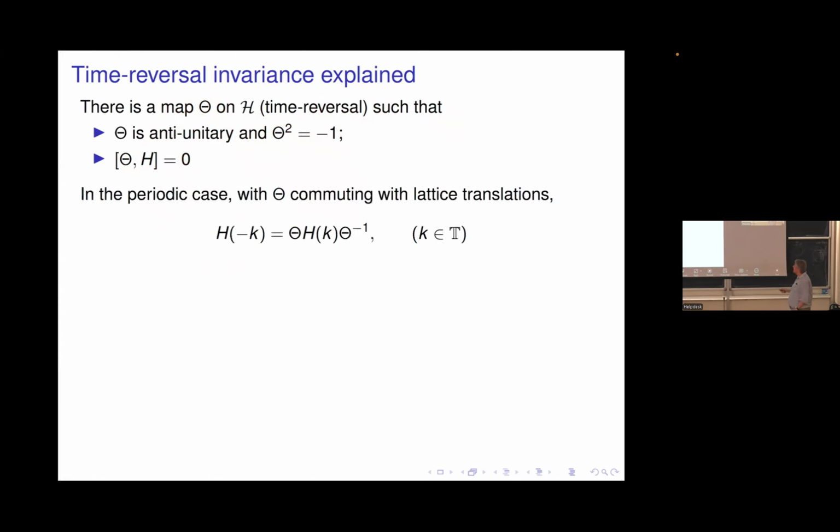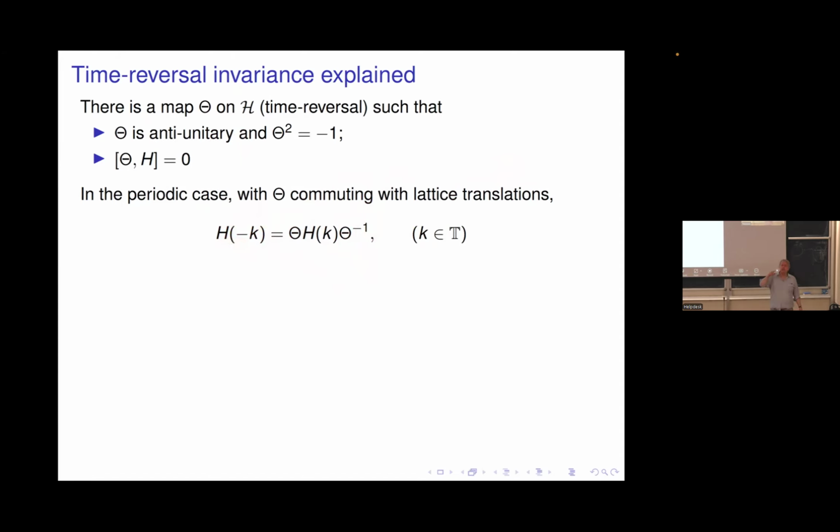In the periodic case, it means not that it commutes with h of k, but that if you conjugate h of k with time reversal, you get h of -k.